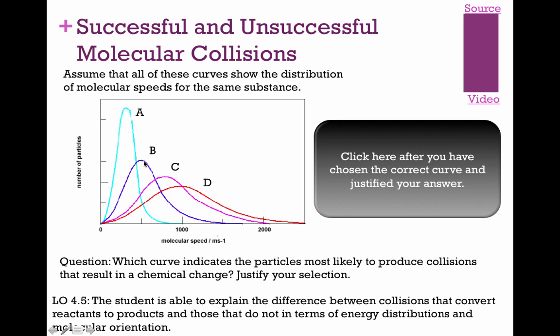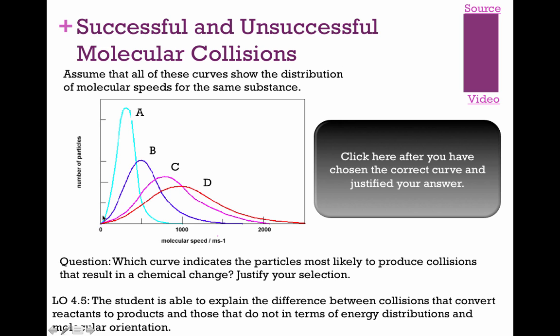Peak B is showing us most of our molecules have a speed probably between like 250 and 750. And then C, we could say maybe 400 to 1500. And then D shows that most of our molecules are 500 to 1750. And so all this shows us is the further spread out your peak is, the more speed your molecules have.